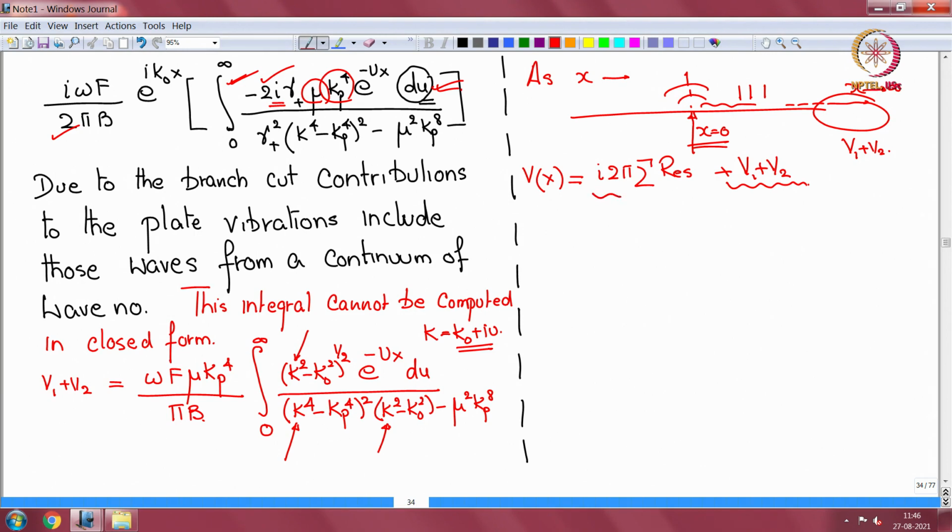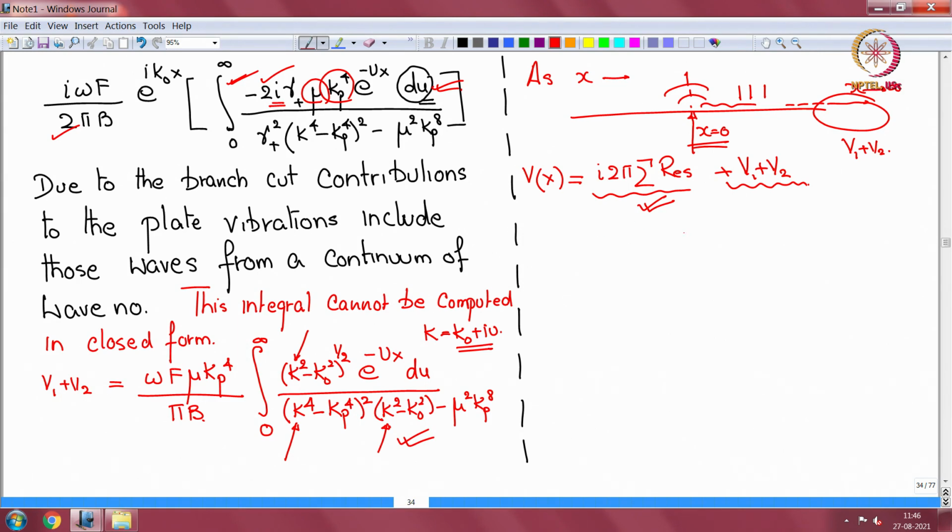The residue part has not come in yet, we will do that a little later, as that is a separate study. V1 plus V2 is this integral, which is not integrable in closed form, so we see what happens as you move further away from the forcing.